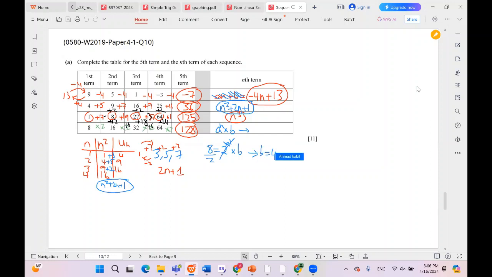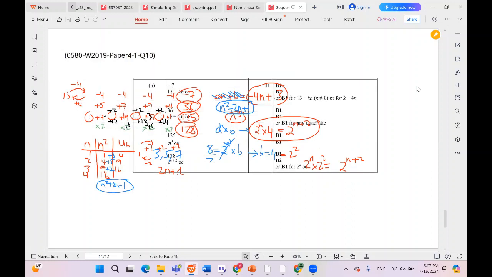So therefore, the answer is 2 power n times 4. And of course, you can further simplify it because 4 is the same as 2 power 2. So 2 power n times 2 power 2 gives us 2 power n plus 2. So this is the same as 2 power n plus 2. Either format would work for the final answer here.